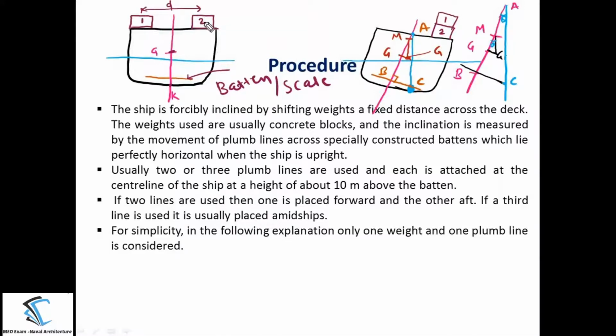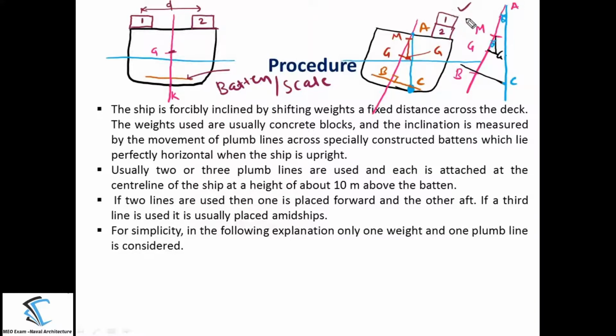This distance is measured from the center of gravity of each block. Now I am going to shift block number 1 from its position to the top of block number 2.